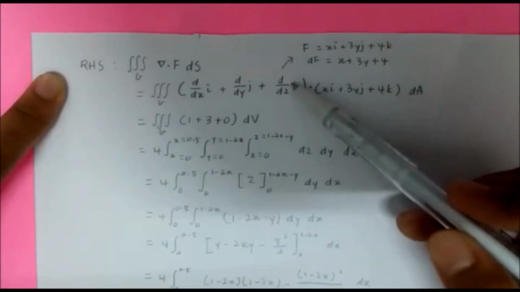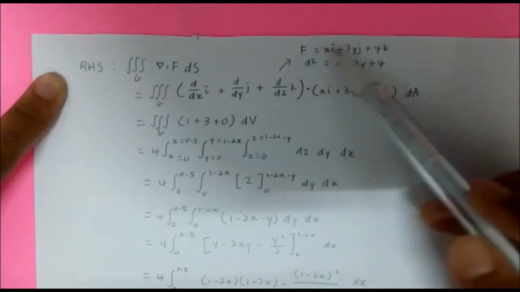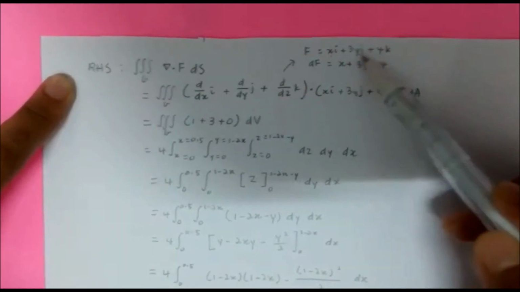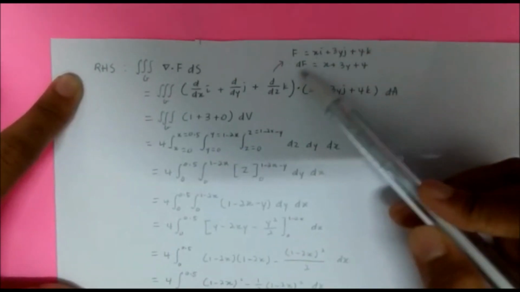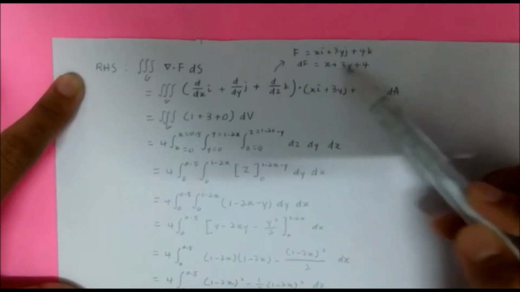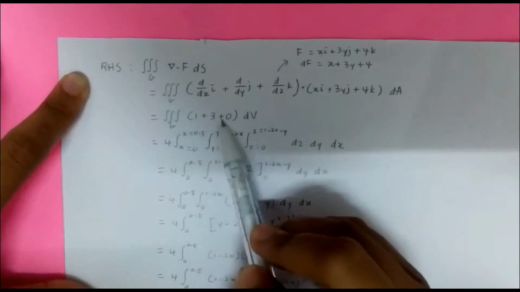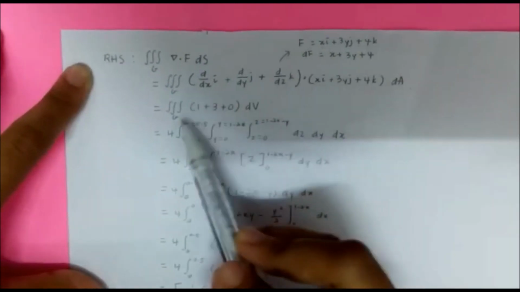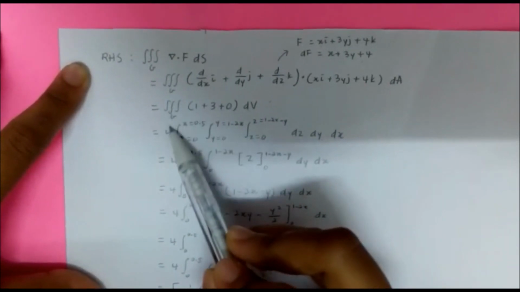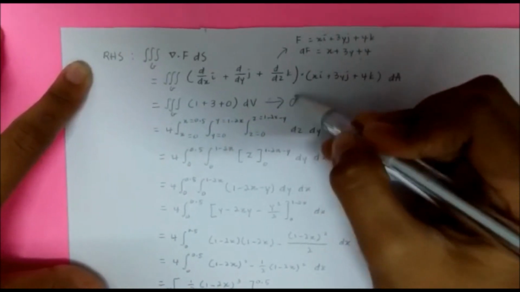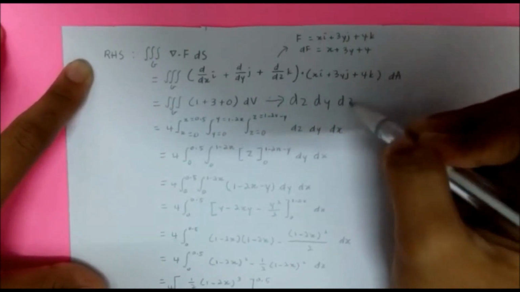And we know that the function F is xi plus 3yj plus 4k, and we get divergence F equals 1 plus 3 plus 0. So after this dot product, we bring 4 to the outside, and dV is equal to dz dy dx.